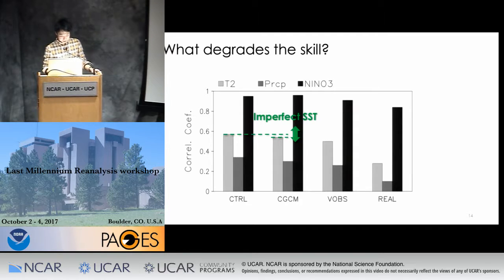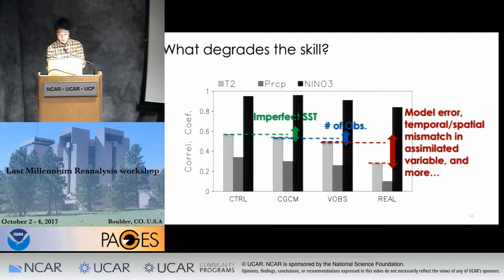So the difference between control and CZCM represents imperfect SST, and the difference between CZCM and VOBs explains the degradation explained by number of observations, and this one is explained by model error and mismatch between observation and simulation.